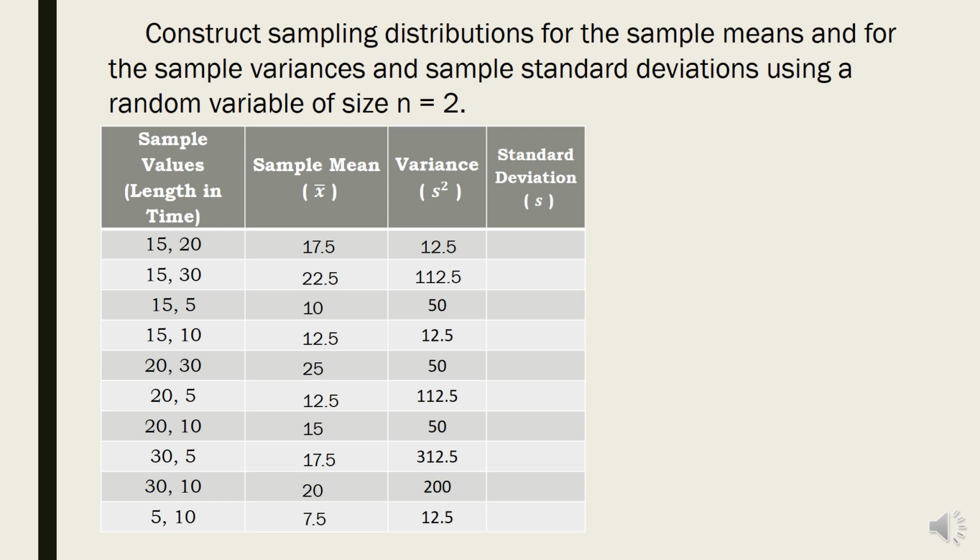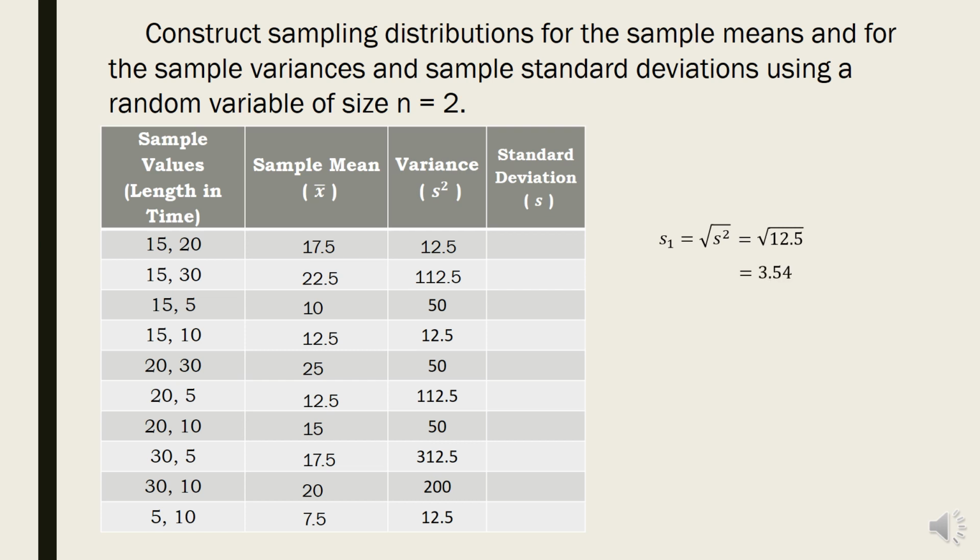Now, let us proceed to the standard deviation. If you already have the variance, it is easier to find the standard deviation of the given sample values. You only need to get the square root of the variance. For example, in the first set, the variance is 12.5, therefore the square root of 12.5 is 3.54.